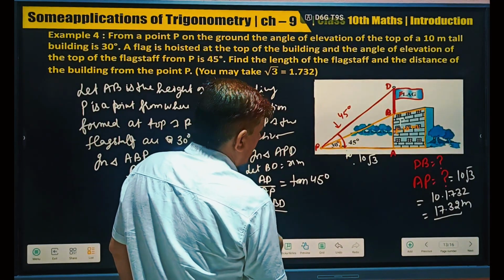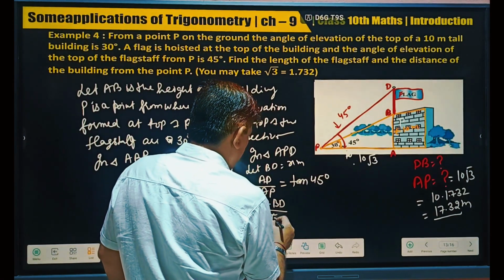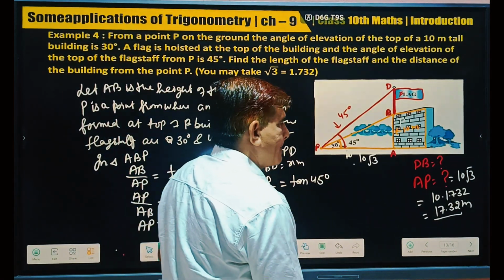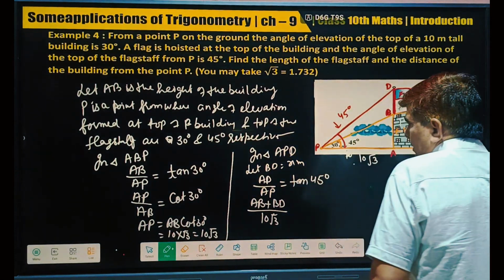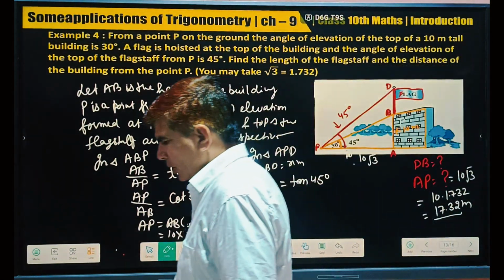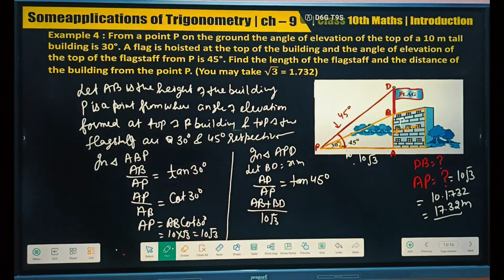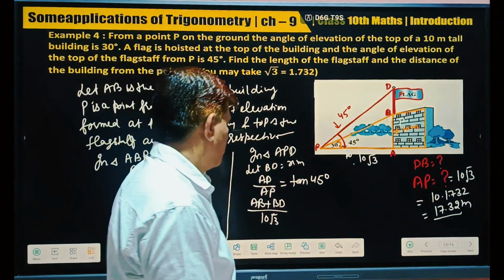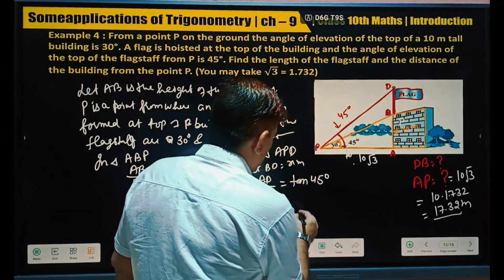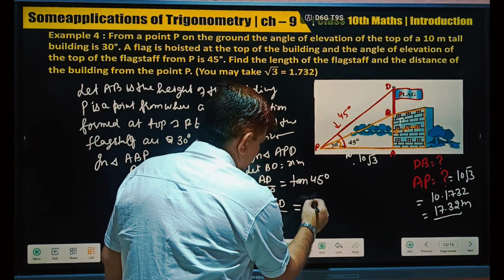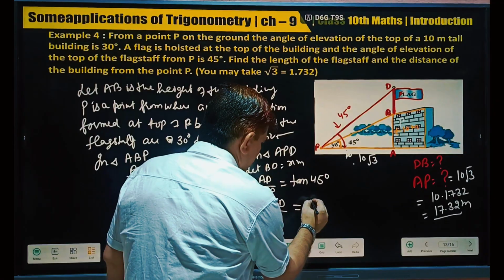AP is 10 root 3. So tangent 45 is equal to 1.